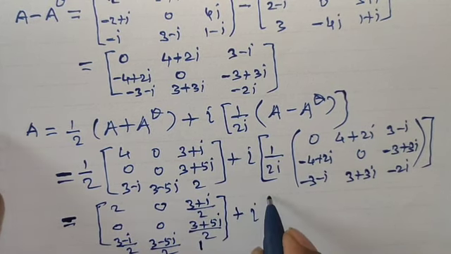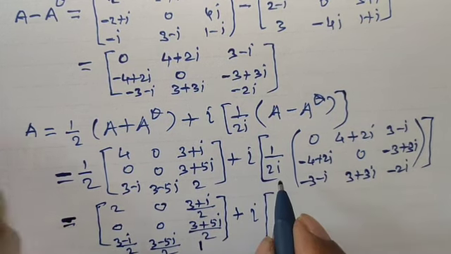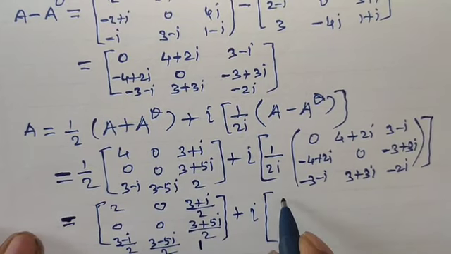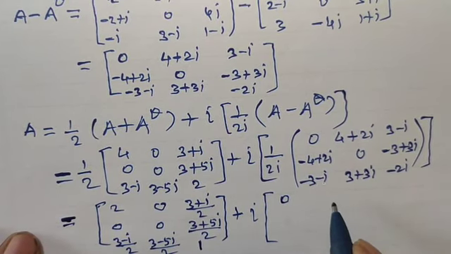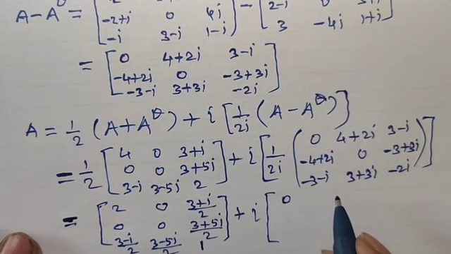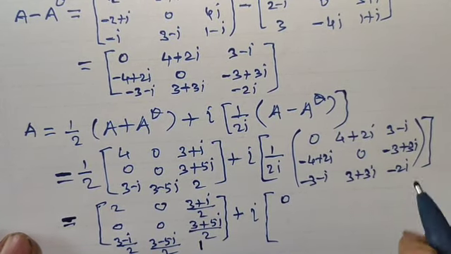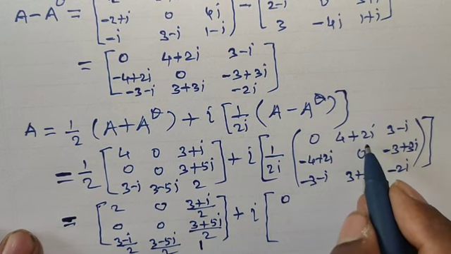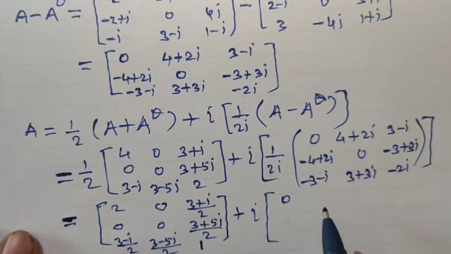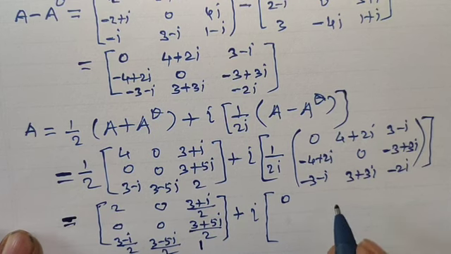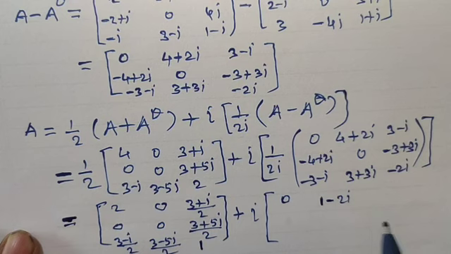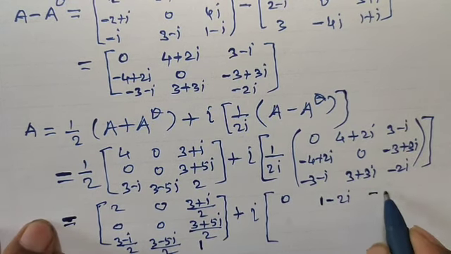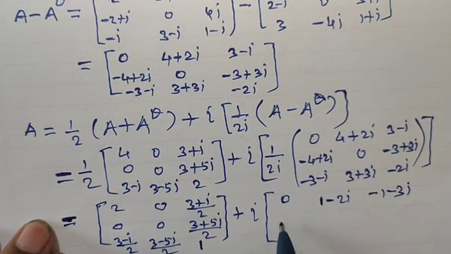plus i into, divide each element by 2i. First element becomes 0, second element becomes 4 plus 2i divided by 2i, that gives 0, 1 minus 2i, then minus 1 minus 3i, 1 plus 2i.